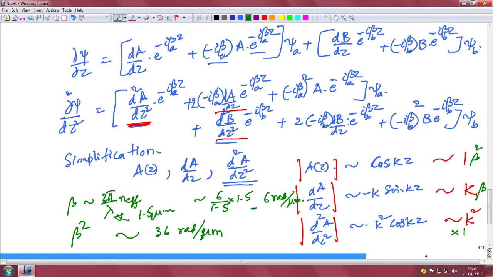This is multiplied by the value of k. Let us assume that the interaction lengths are of the order of a millimeter. Suppose I have L of 1 millimeter.